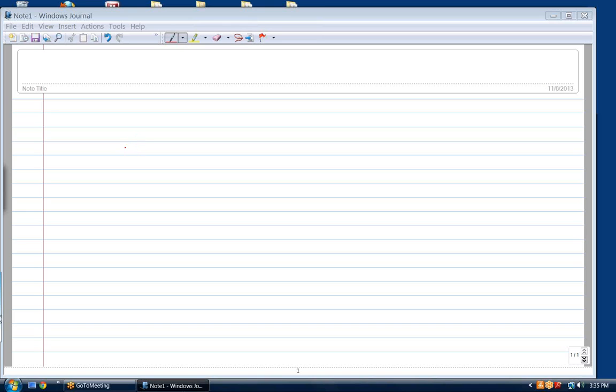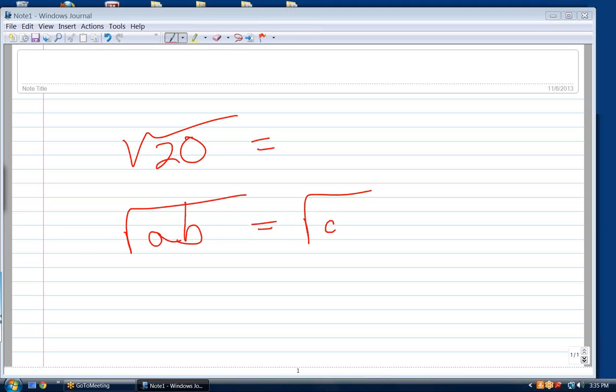Let's look at square roots. Simplify that for me. So you break it down into two, one that can work, so you have 4 and 5. Right?